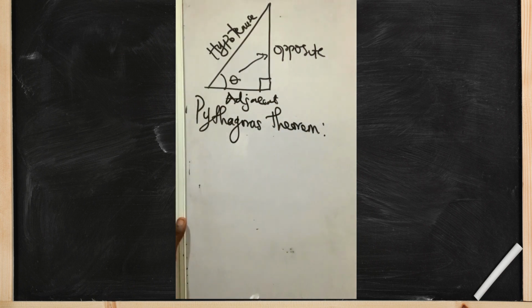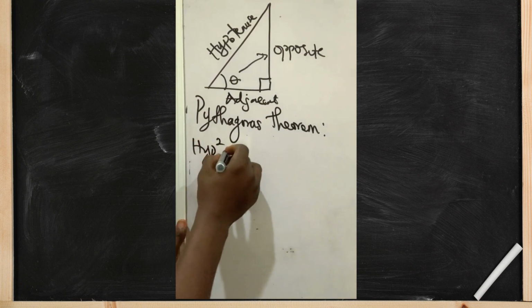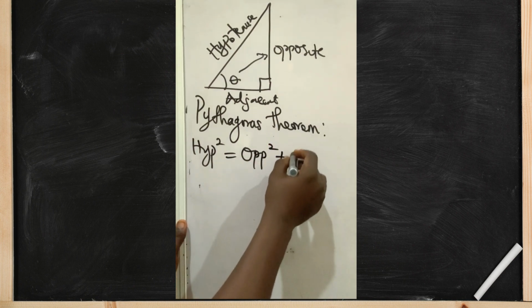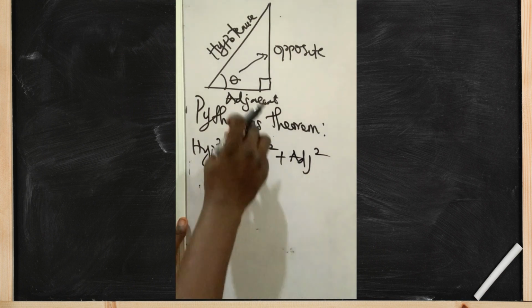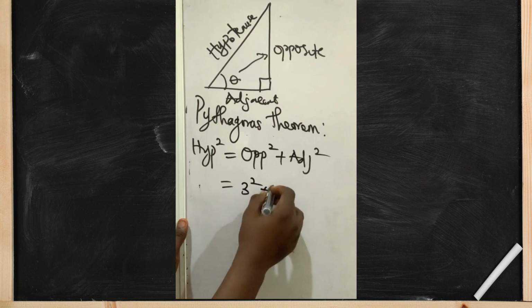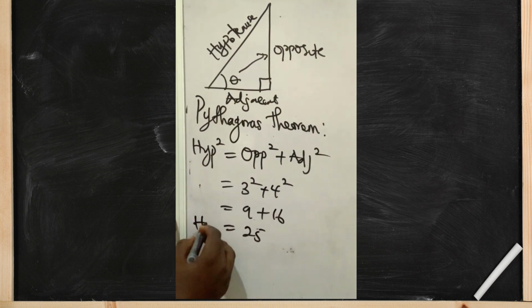Now, Pythagoras theorem says hypotenuse square equals opposite square plus adjacent square. Meaning, if this is 3 and this is 4, we are saying 3 square plus 4 square, that is 9 plus 16, and that is 25. Hypotenuse square equals 25.